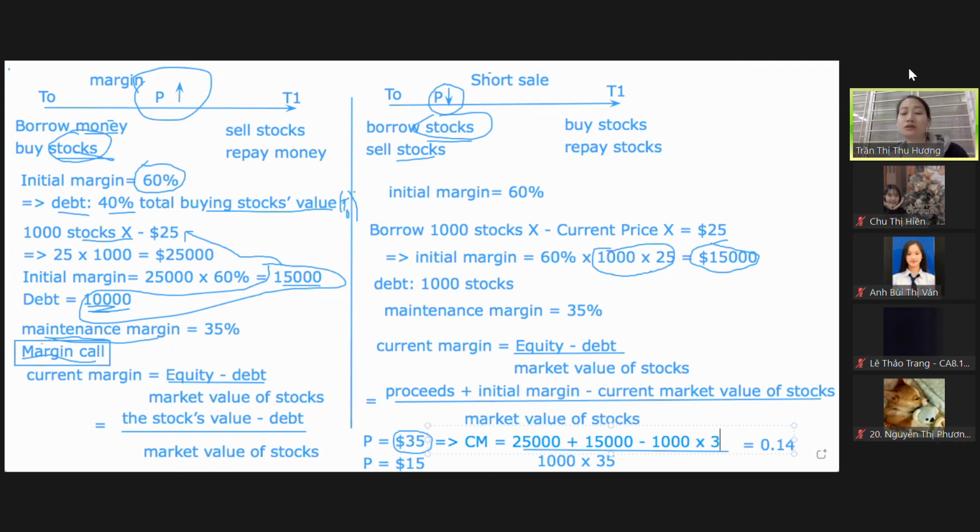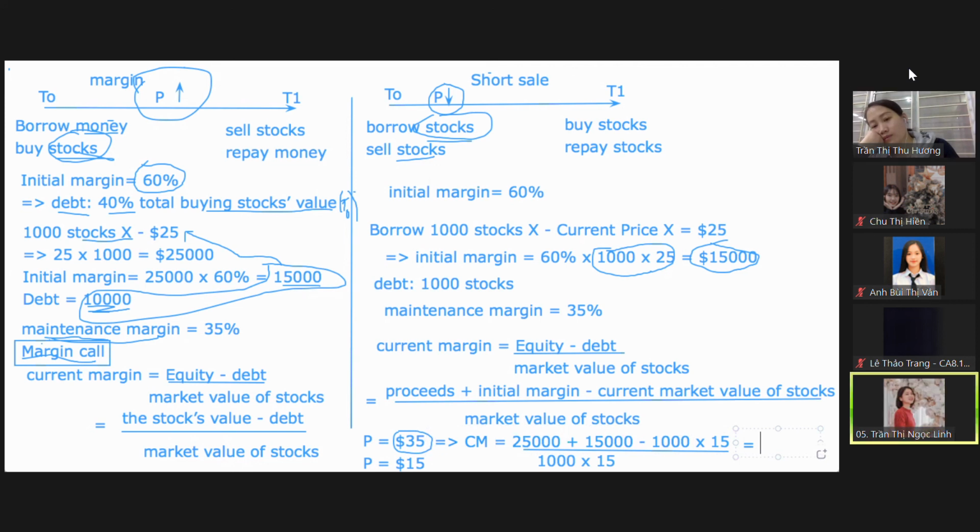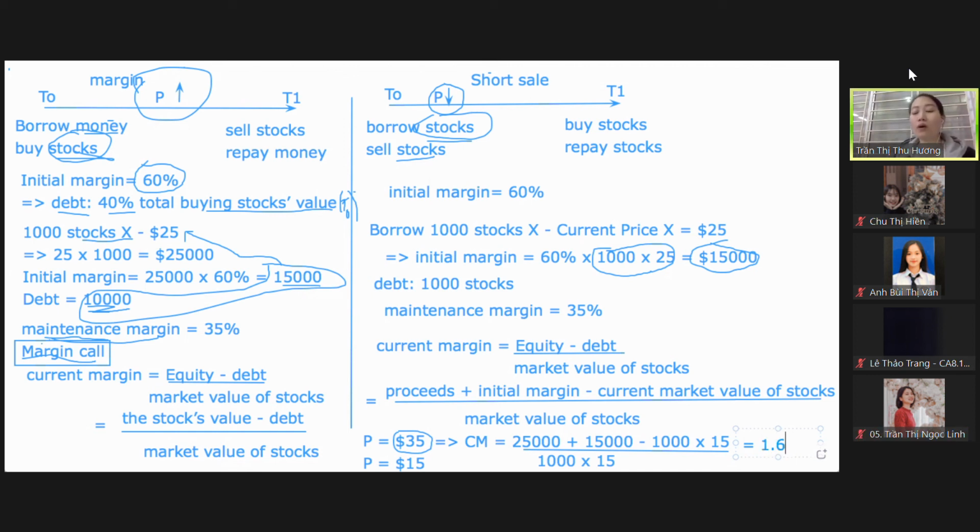So what is the result? 1.6. Yes, so it's 160%. It increased too much. So you see, if you short sold and the market price decreases, your current margin increases, you take profit.